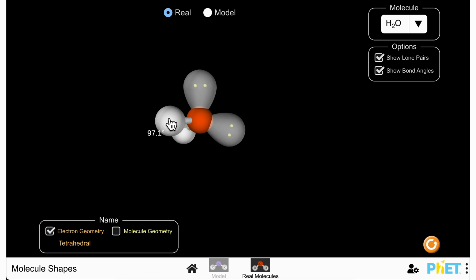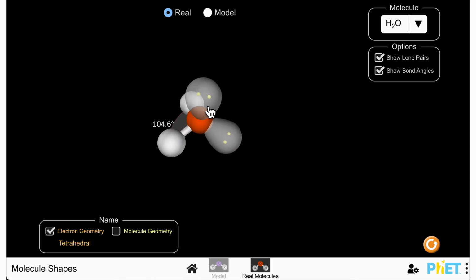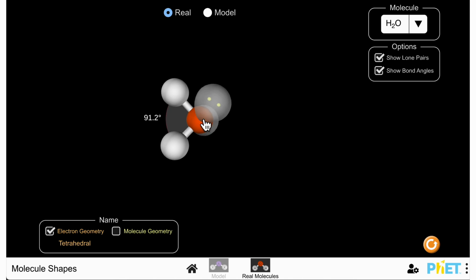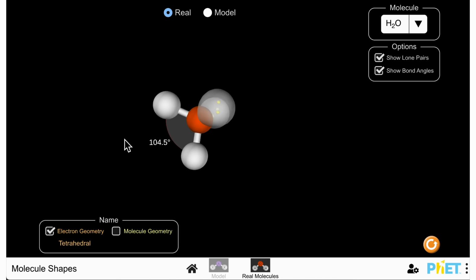So this is a tetrahedron in terms of electron geometry, meaning how many things are around that central atom. There's 4, right? There's 2 lone pairs and 2 bonding pairs. Remember, the ideal bond angle, not affected by lone pairs or different types of bonds, is 109.5.